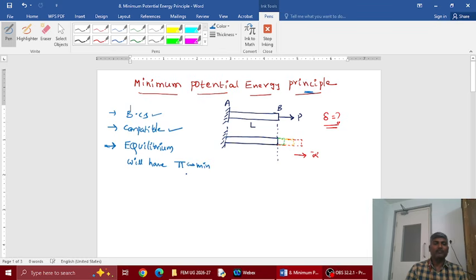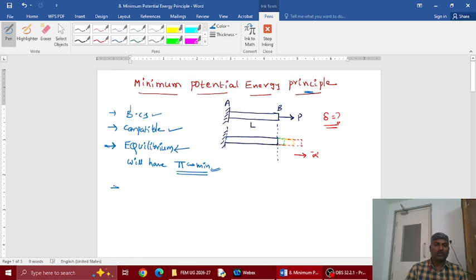That is what is called the minimum potential energy principle. So out of all these configurations, only one configuration will satisfy the equilibrium condition or equilibrium equation. That will have minimum potential energy.